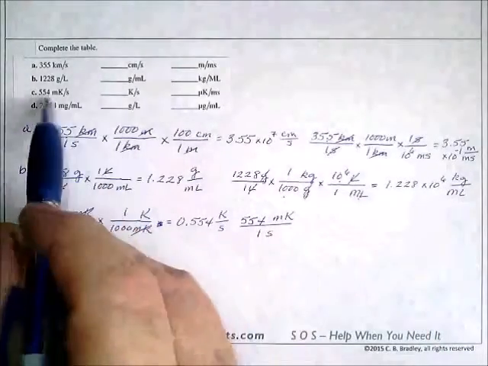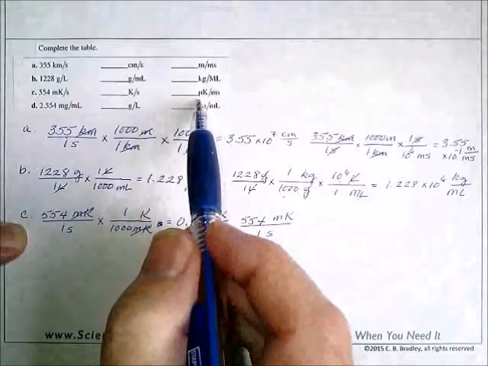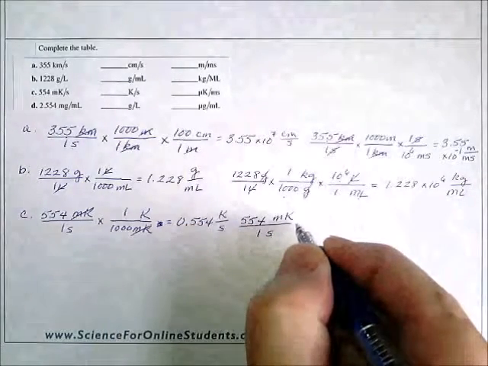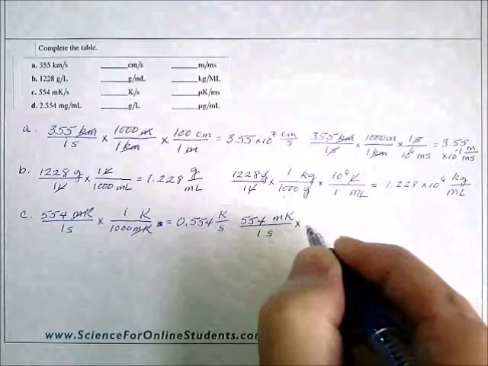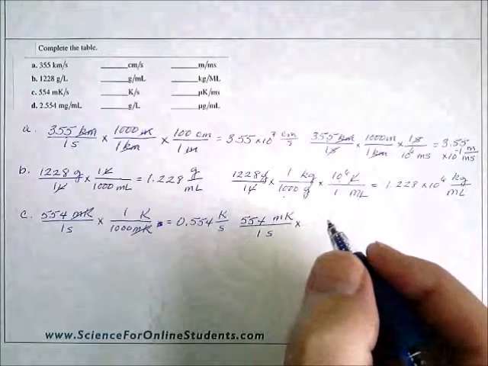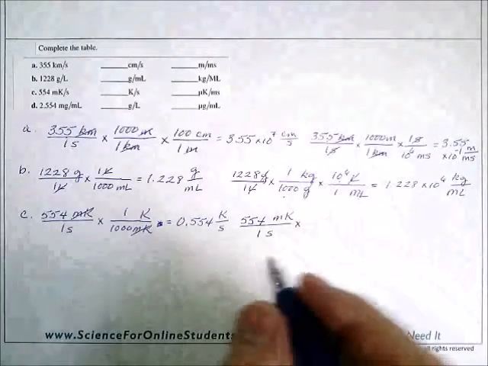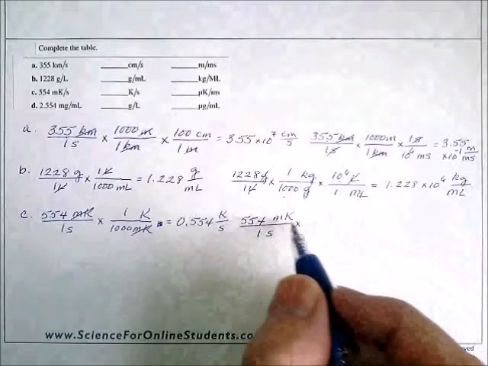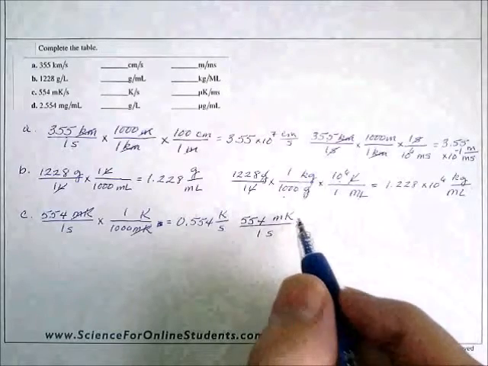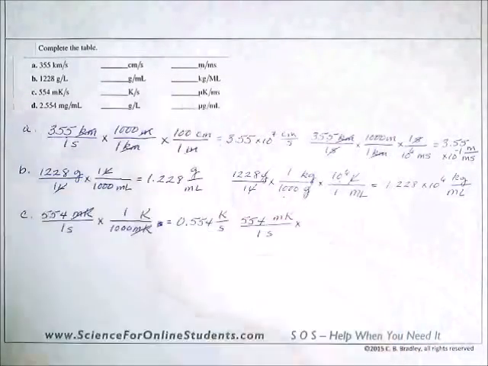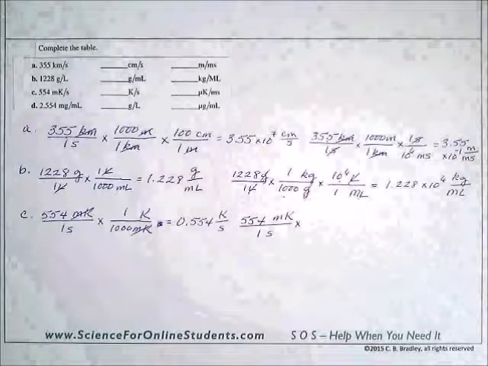This time I'm going to microkelvins per millisecond. This one could get a little tangled, and I'm going to put in an extra step just to keep things clear. So we'll go from millikelvins to kelvins, and then from kelvins to microkelvins, which is what we're looking for here, which is 2 steps.